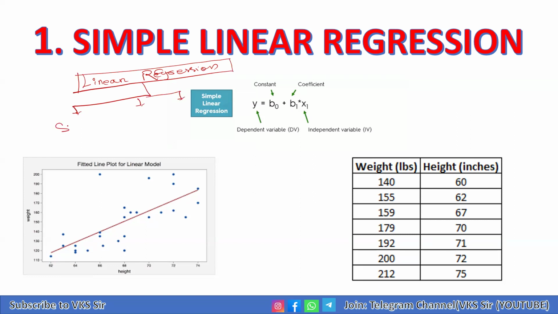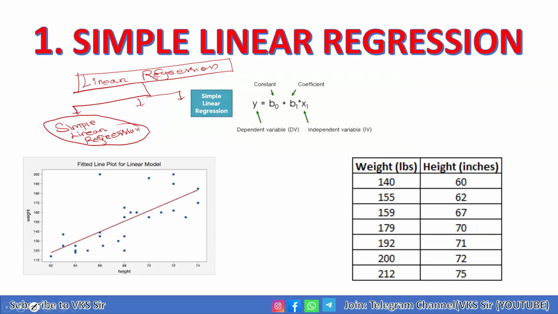The first concept is simple linear regression, and right now we are focusing on this topic. Let's understand clearly what exactly simple linear regression is.